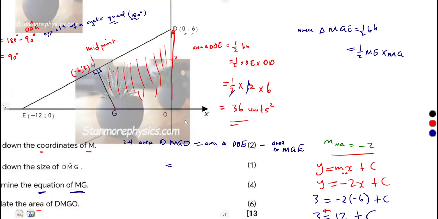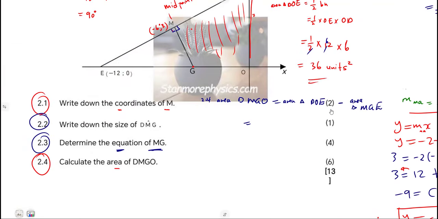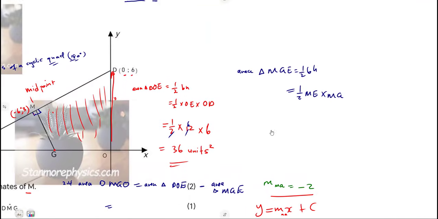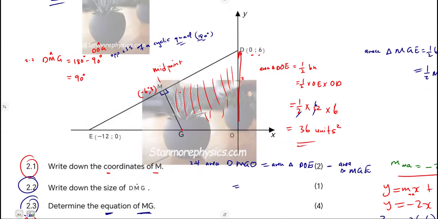So it's half of ME times MG. We can find the length of ME. We never calculated that one, but we can determine it since we have the points M and E. But MG is limited because we do not have the point G. So what are we going to do? The point G can be determined from the equation of the line MG.